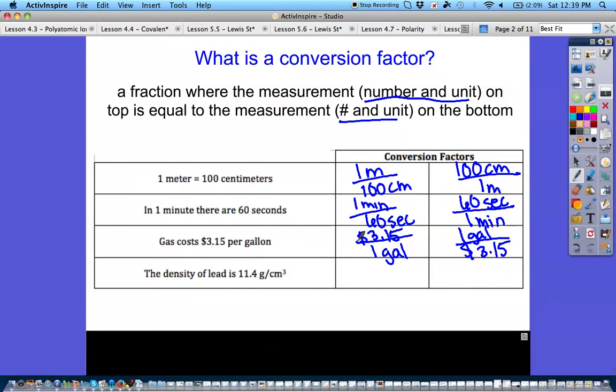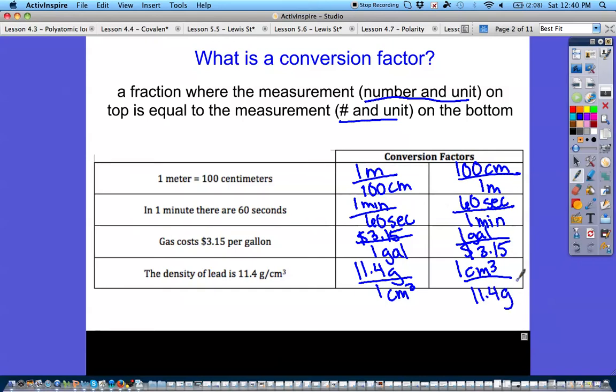And our label for our unit for 3.15 is that dollar sign. Or the density of lead is 11.4 grams per cubic centimeter. So we can write 11.4 grams over 1 cubic centimeter, or 1 cubic centimeter over 11.4 grams.